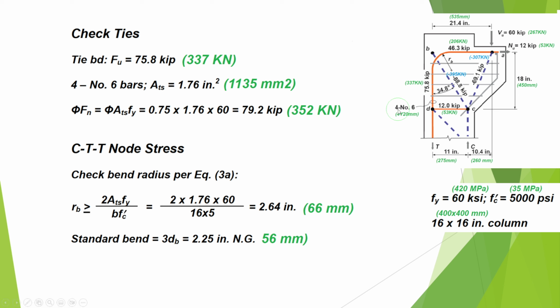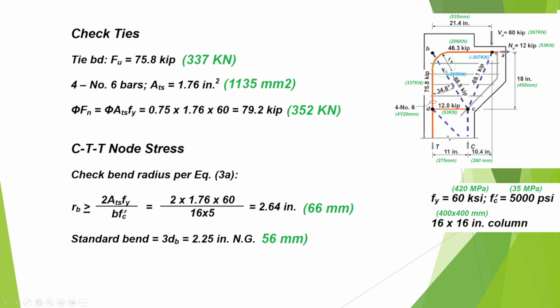If we calculate the nominal axial tension that can be provided or resisted by this amount of reinforcement, it will be straightforward. Phi multiplied by area of steel by yield strength will give you around 79.2 kip, which is more than 75.8.